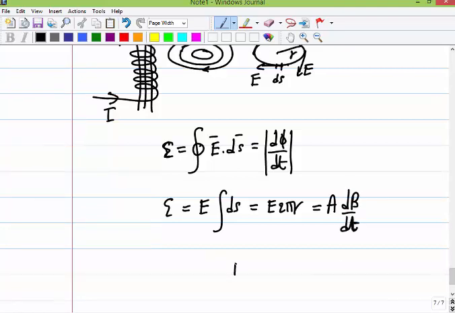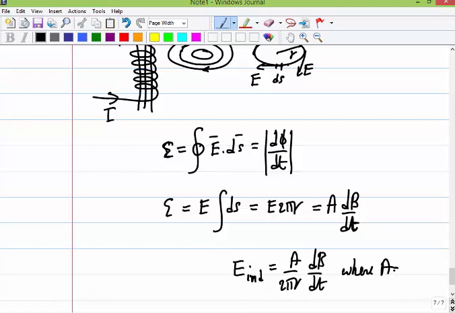So the electric field induced is equal to A over 2πr times dB/dt, where A is equal to πr squared.